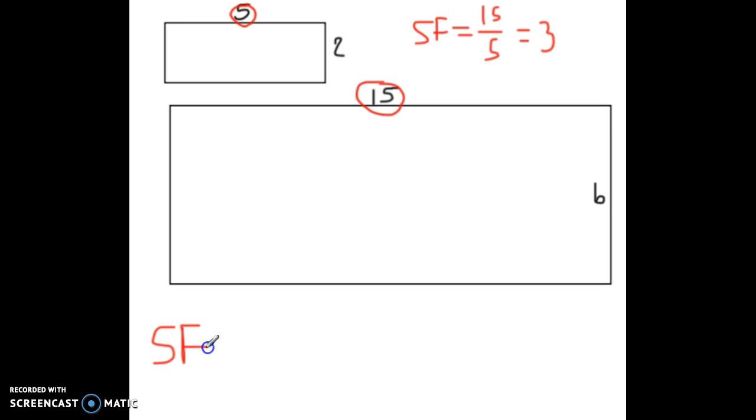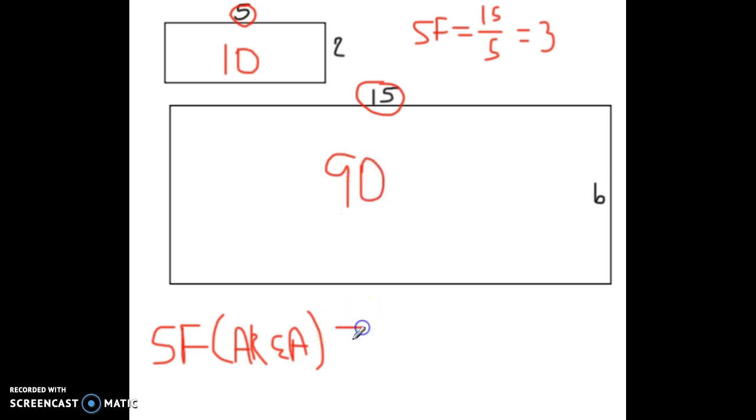When you talk about scale factor with area, it's slightly different. So we're going to see if we can figure this out. Sorry about my handwriting, but hey, I'm writing with a cursor. The area of this one is 10. What's the area of this one? Well, 6 times 15 is 90.